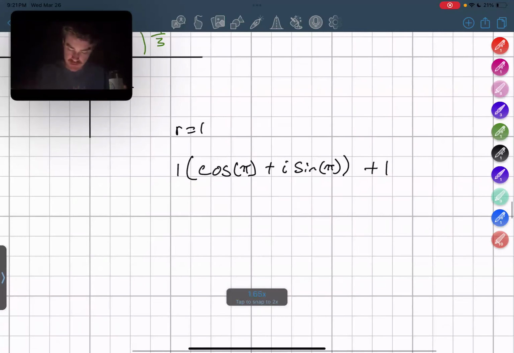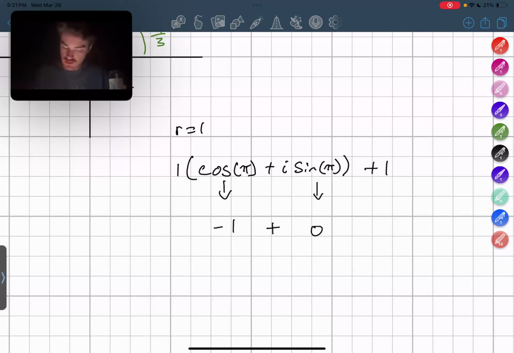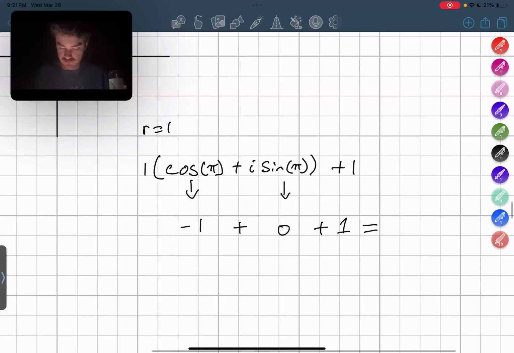So let's evaluate. Well, sine of pi gets us 0, and so i times 0 is 0, plus we have cosine of pi, which ends up being -1. And just like that, we get that -1 plus 1 gets us 0. So e to the i pi plus 1 equals 0.